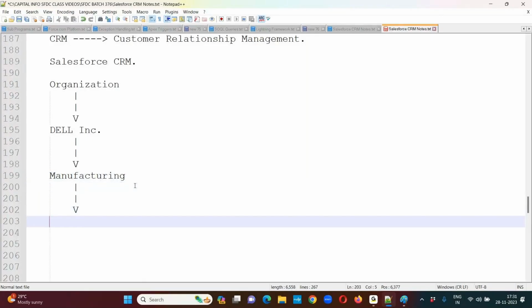Now we have so many organizations available. For example, Reddy Labs is also a pharmaceutical manufacturing organization. These people are manufacturing some pharmaceutical products. But when coming to Dell, what are these people manufacturing?